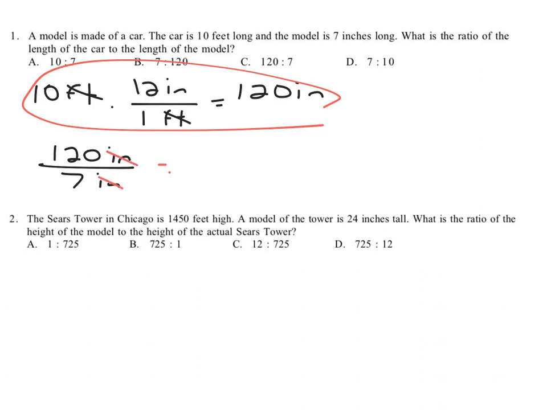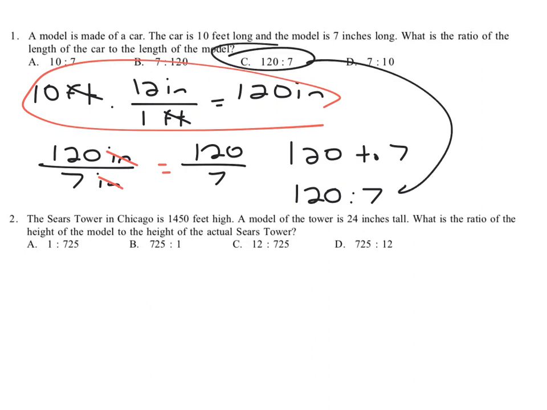Inches over inches, they cancel out. And what you're left with is just 120 over 7. That is the simplified fraction that you get, or 120 to 7, or 120 to 7 with a colon, which actually is what you see as answer C. Okay, so that one's C.